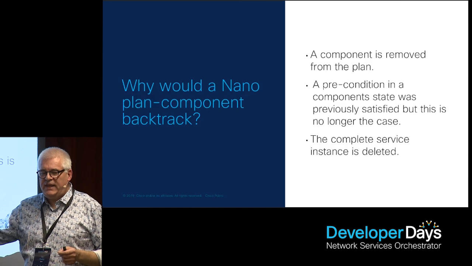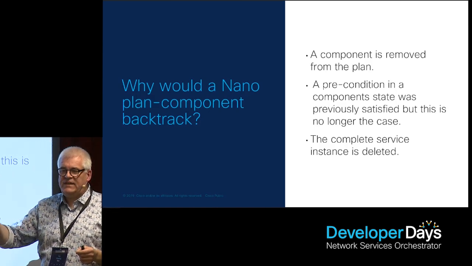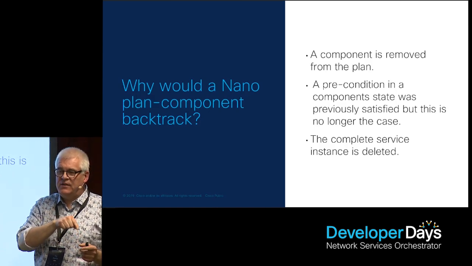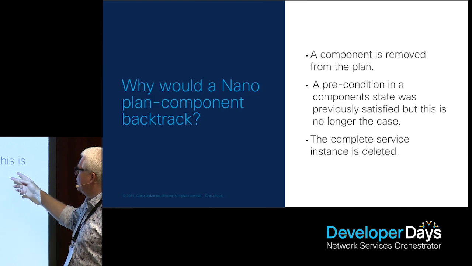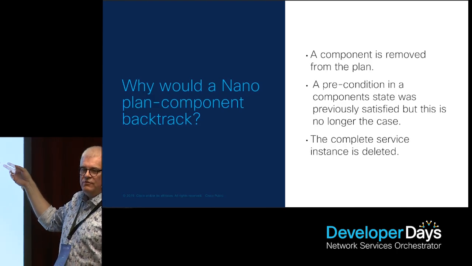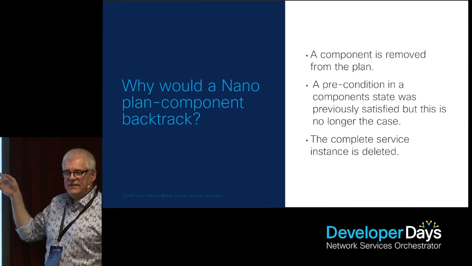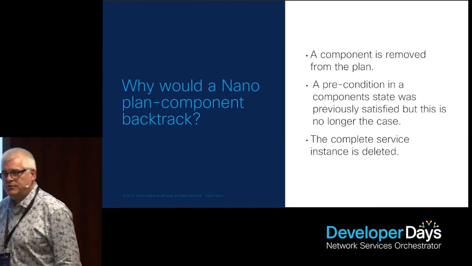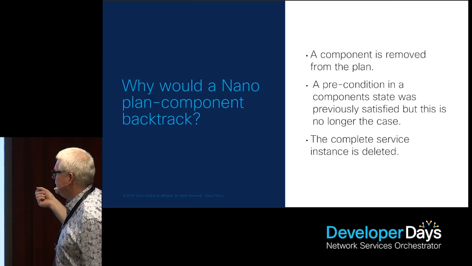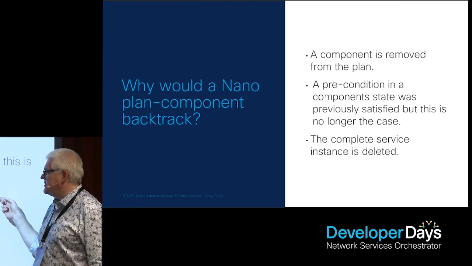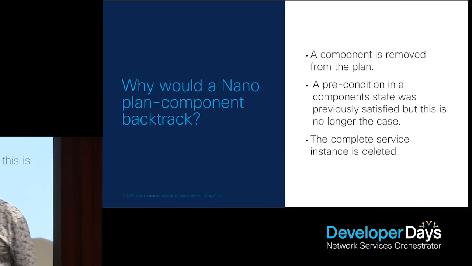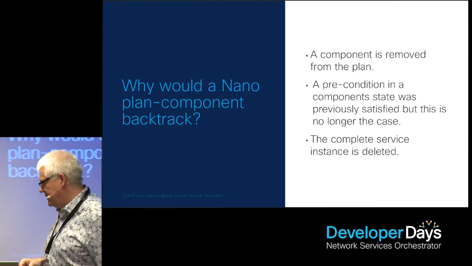Then the only way I can deal with that is to start backtracking, going back to this failing state and wait for that to be okay again. And this is actually one of the most important parts of having automatic lifecycle. This is one of the things that are hard to do in a CDB subscriber. And the other one is if the complete service is removed, then all components should be backtracked.